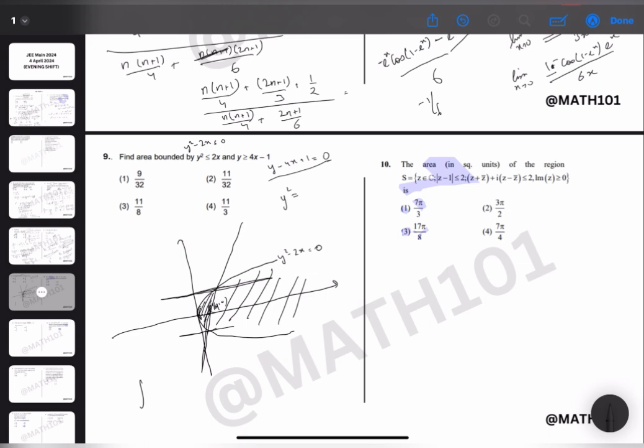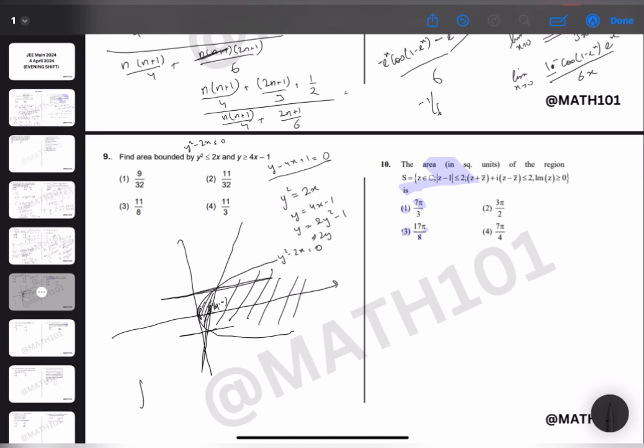y square equals 2x equals 4x minus 1. 4x is 2y square minus 1.